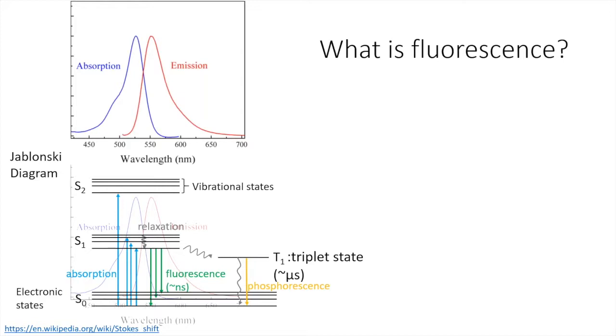The lifetime of the triplet state is around microsecond. I will mention this a little bit in the FCS slides. So the take-home message is that fluorescence time is around nanosecond, and phosphorescence, the triplet state, is around microsecond.